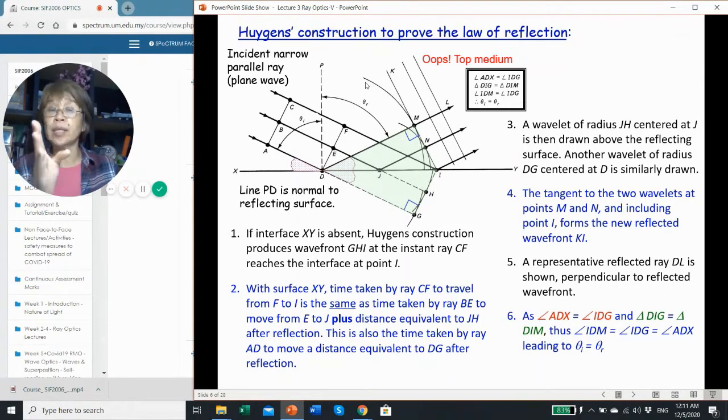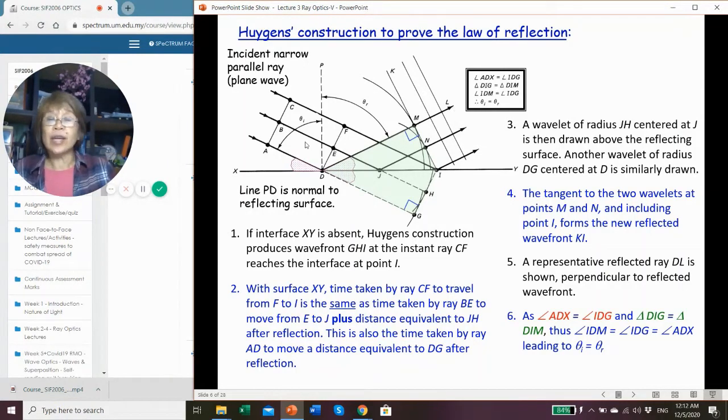Then to locate where the new wavefront is, we start from point I, we draw a tangential line to all these wavelets that we drew. So this will be the new wavefront. And to represent a reflected ray, let's take this point D, up to the point where this wavefront touches this wavelet. So that would be the direction of the reflected ray.